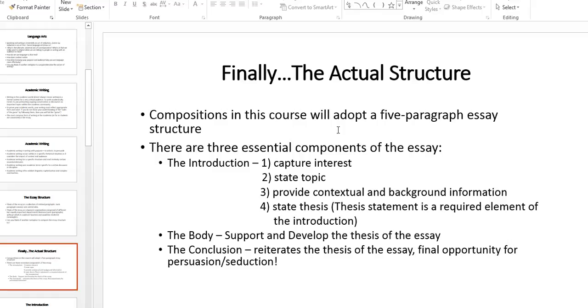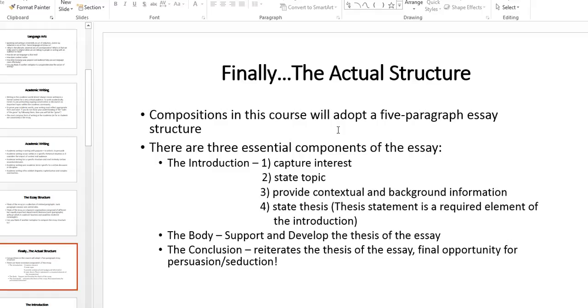It has a body and it has a conclusion. The introduction of the student essay may be just a paragraph, and the body may just be 2 or 3 paragraphs after that, and the conclusion may be the last paragraph. In the scholarly article, the body could be the bulk of the article, right? Maybe the middle 40 pages, and the conclusion can be the last 5 pages or the last 2, 3 pages, right? No matter the length, okay?